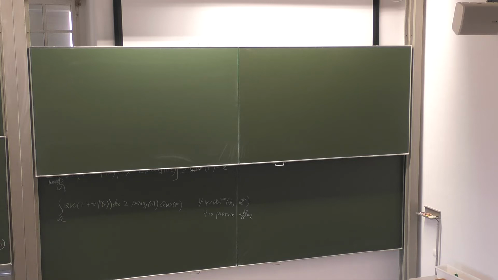So now from this we could already infer that this is a rank 1 convex function. And it means it's continuous. And then we can extend this to every psi, I mean general psi in W^{1,infinity}_0. And this would tell us that this is quasi-convex.